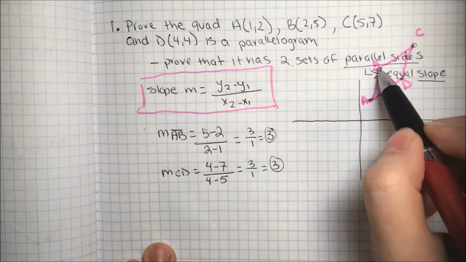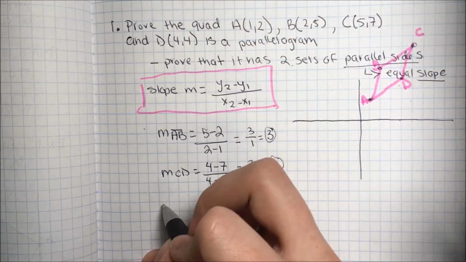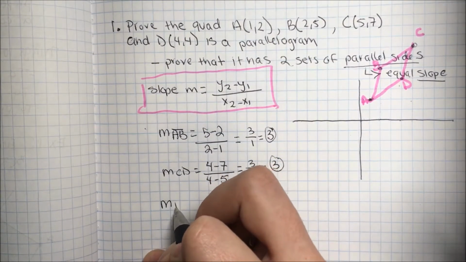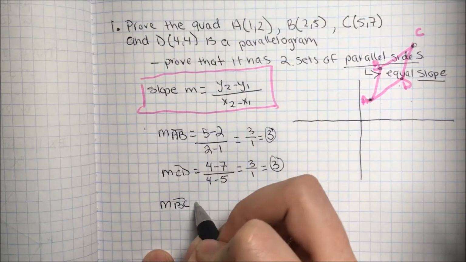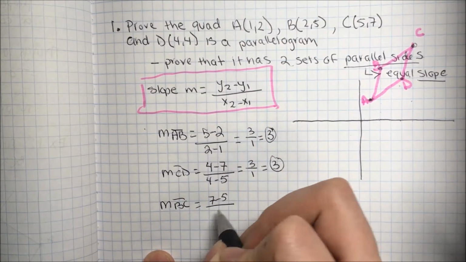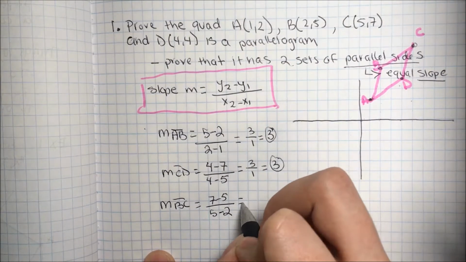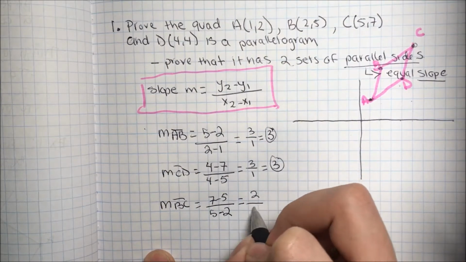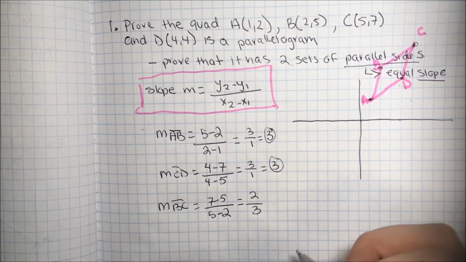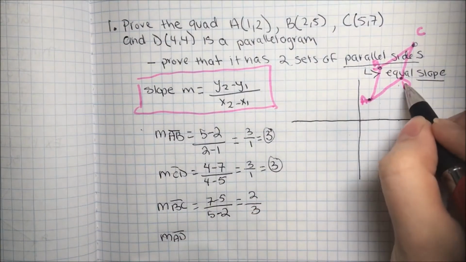So now we want to prove that BC and AD are parallel. So we need to find the slopes of both of those lines. So we have slope of BC would be 7 minus 5 over 5 minus 2. This gives us 2 over 3. So now we need to find our slope of line AD.